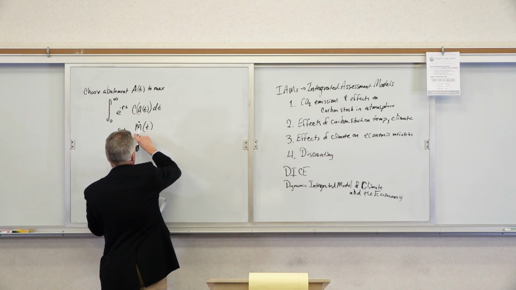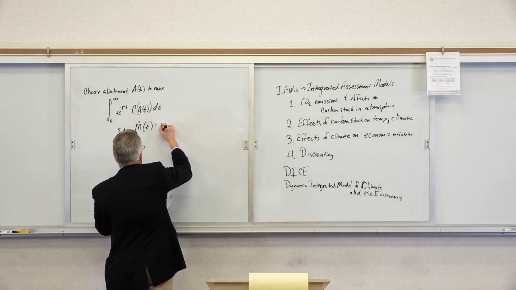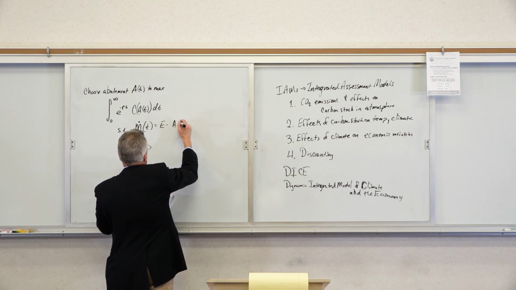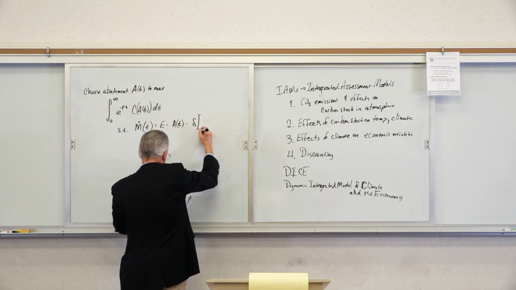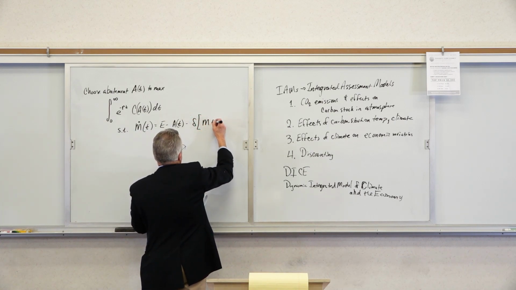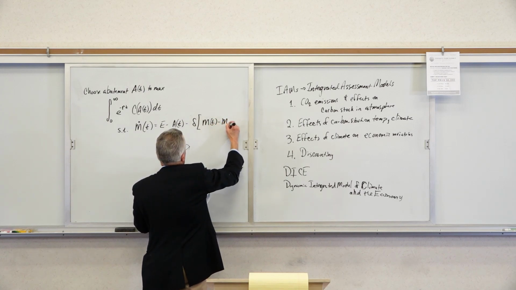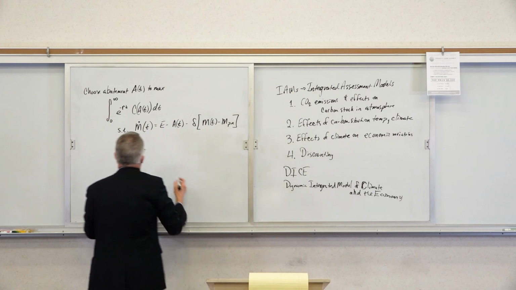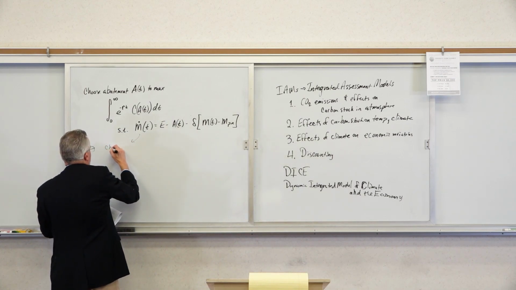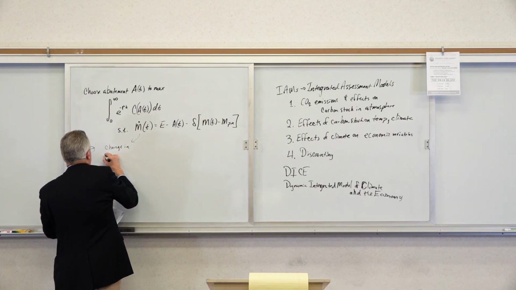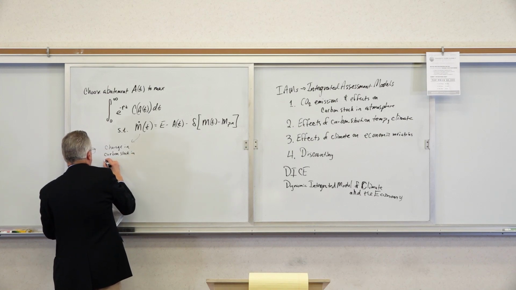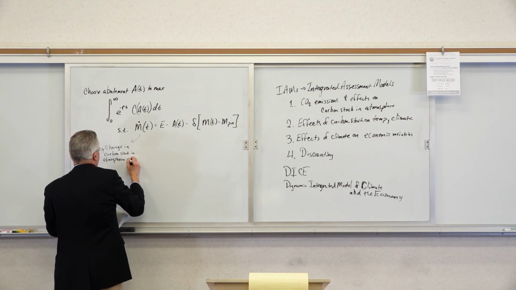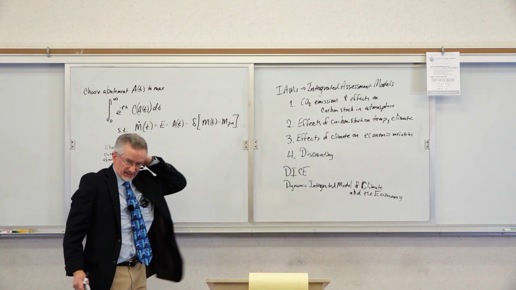That's the carbon stock, and M dot, the change of it over time, will be equal to E minus A_t minus delta times (M_t minus M_pre). And I'll explain all this here. So what is that? That's simply the change in carbon stock at t in the atmosphere, okay? That's how it's changing over time.